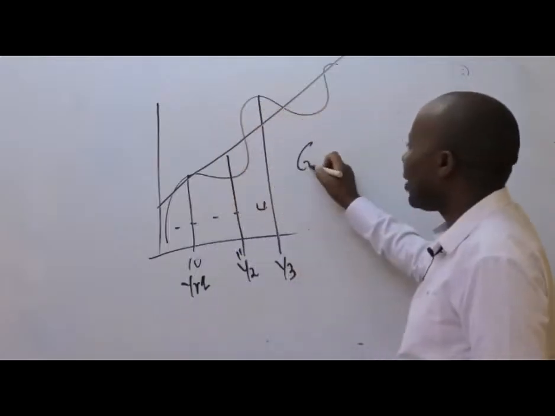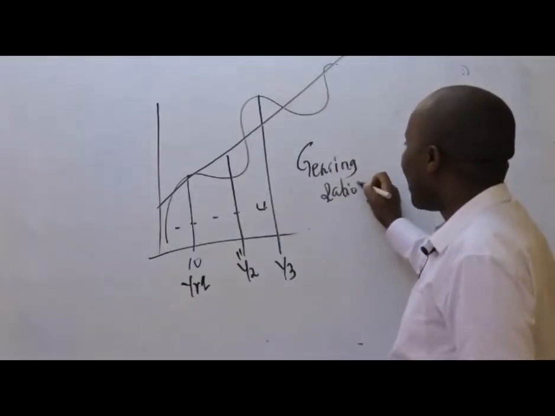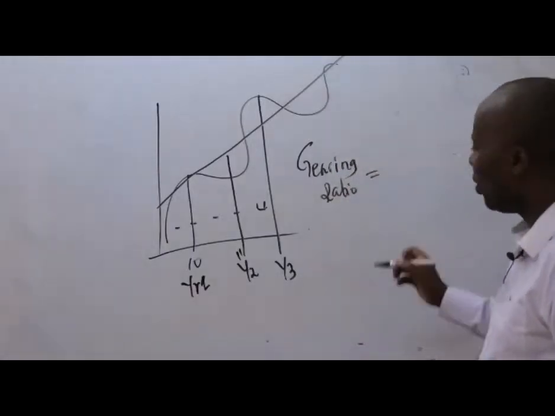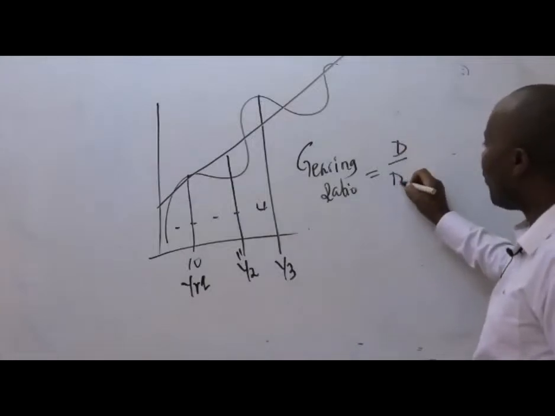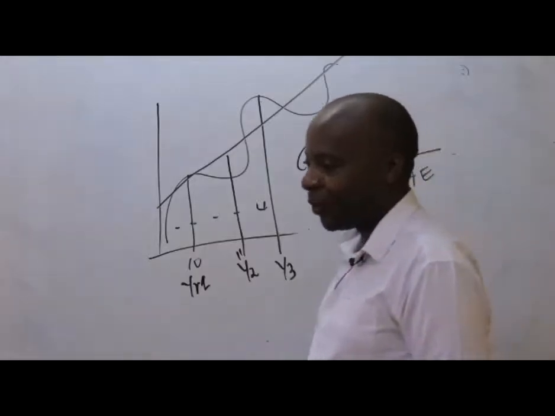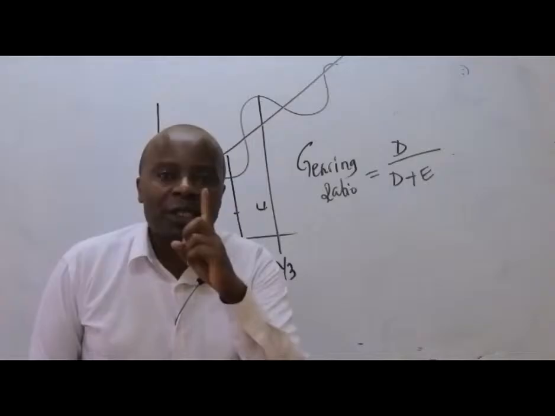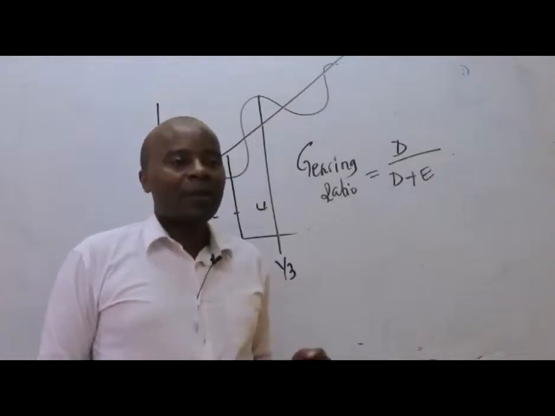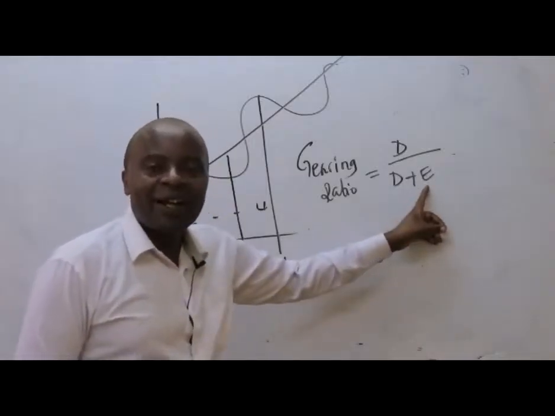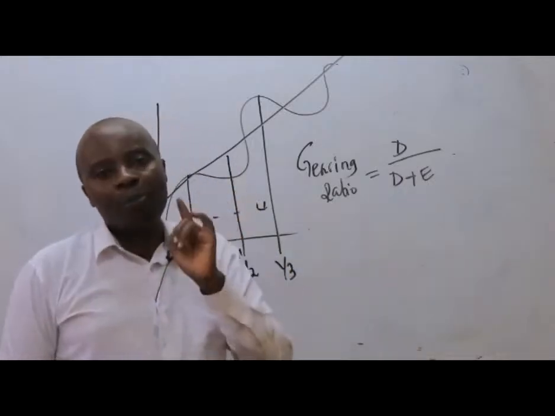The gearing ratio. How do we get gearing ratio? To get gearing ratio, we normally take debt over debt plus what here? Plus equity. Debt plus equity. So when I give out shares, I'm of course increasing my equity because equity has got what here? Two components.